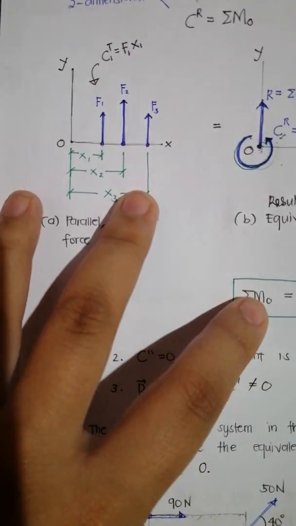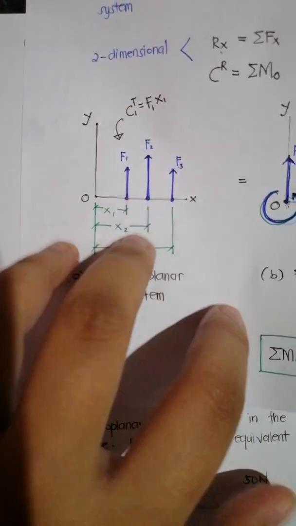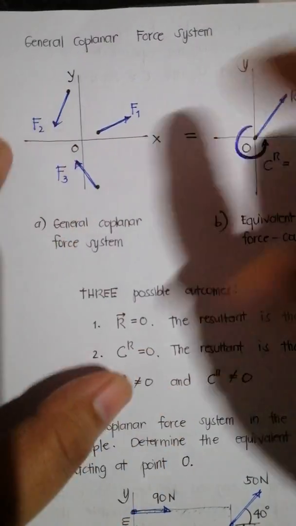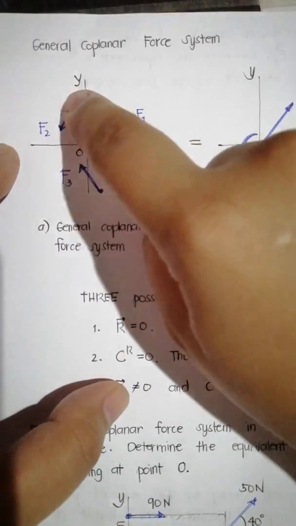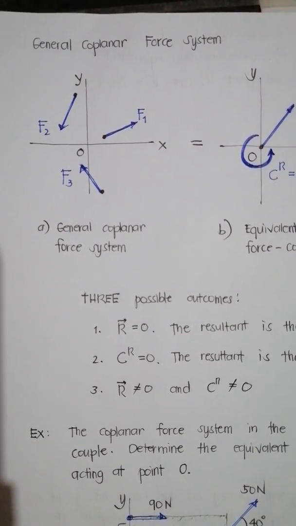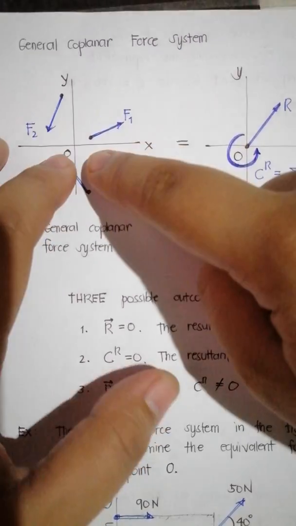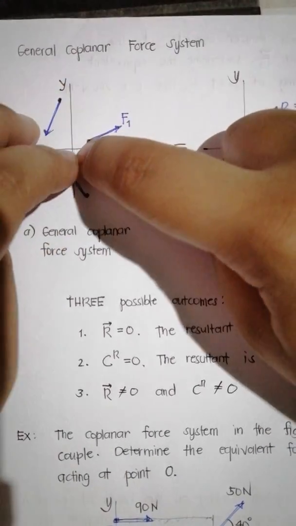Kasi ito coplanar. So, what if hindi siya, rather, ito kasi parallel. So, what if hindi siya parallel? So, we have all these force vectors, F1, F2, F3, all of which are non-concurrent with each other. So, to make it concurrent, commonly, we transfer all of their points of action to the origin.